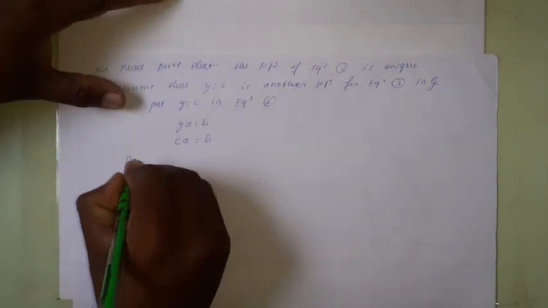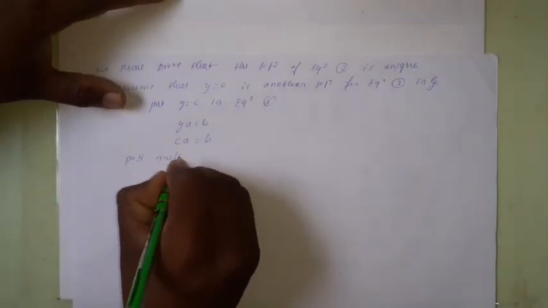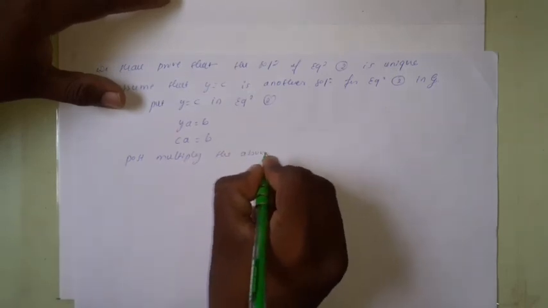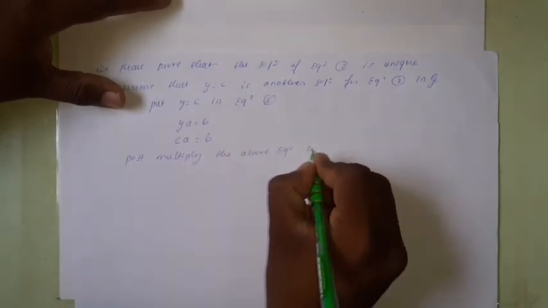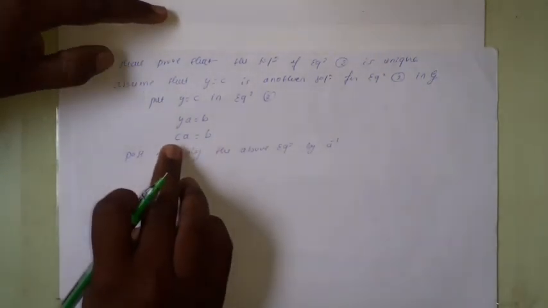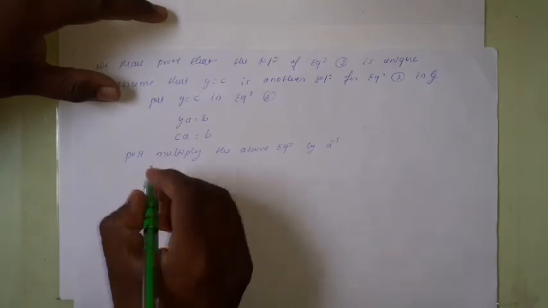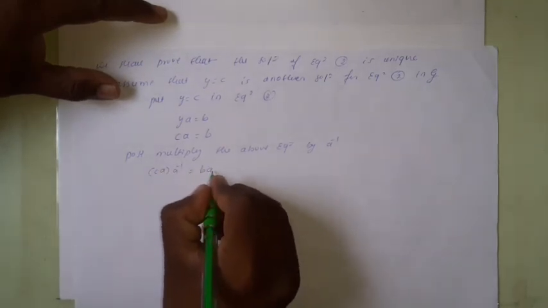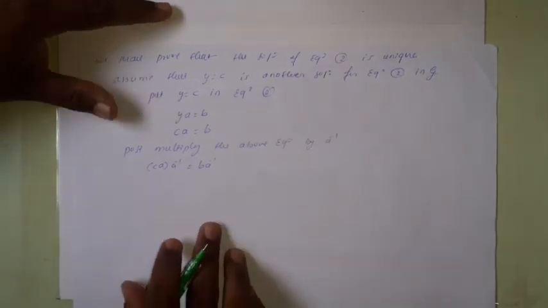For that, post multiply the above equation by A inverse. Now we post multiply this equation by A inverse, that is CA into A inverse is equal to B into A inverse.